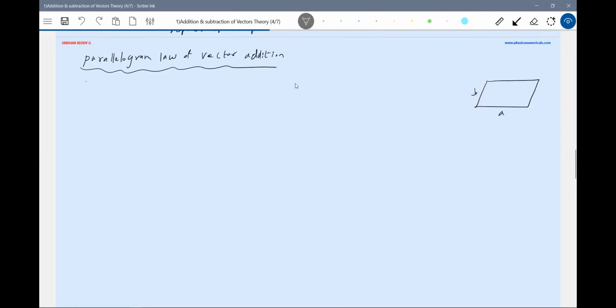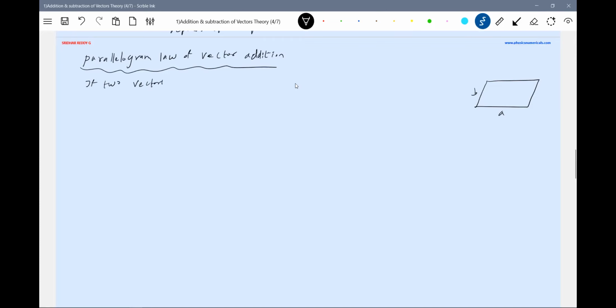So what that law says is: if two vectors represent adjacent sides of a parallelogram taken in order, the resultant is given by the diagonal of the parallelogram.